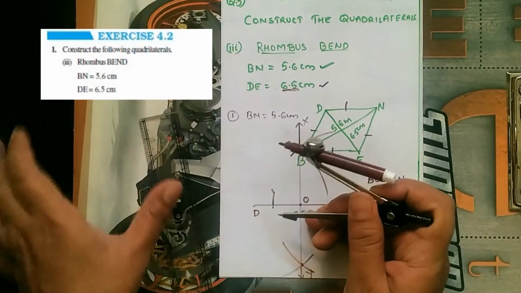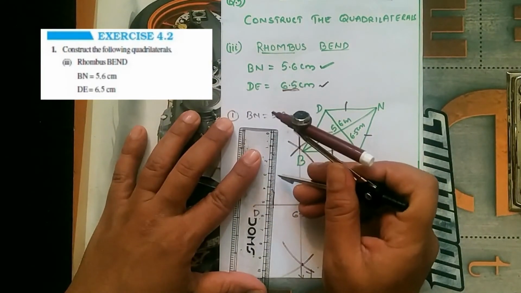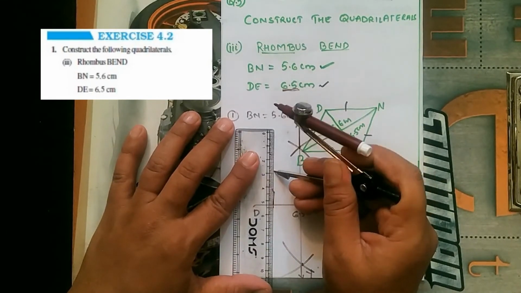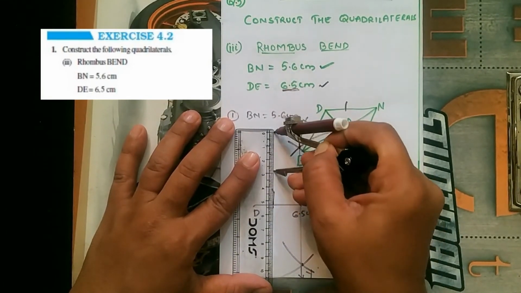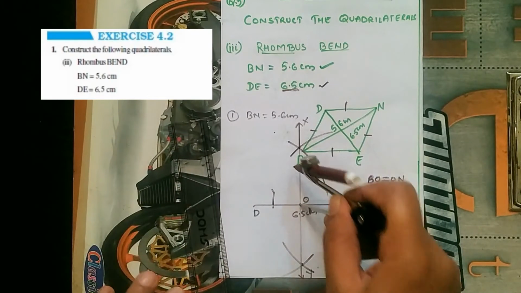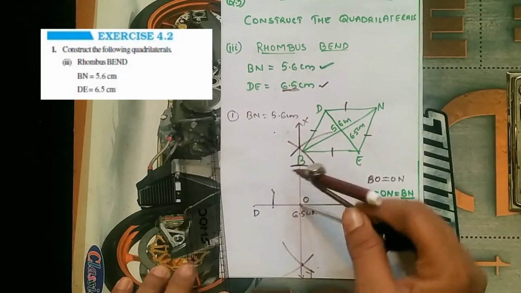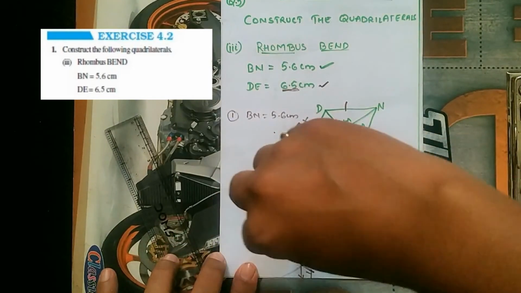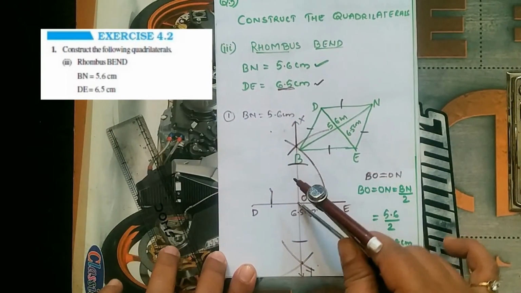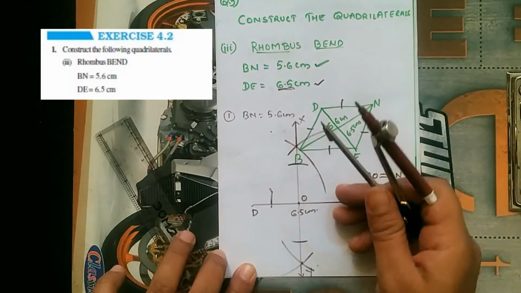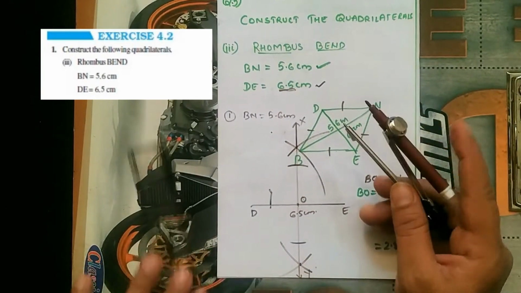which is the measurement taken with the help of ruler and compass, and with the center O you have to mark like this, intersecting the point on the given line XY. Thick. Upside and downside. Why upside and downside? Because the diagonals are perpendicular bisectors.